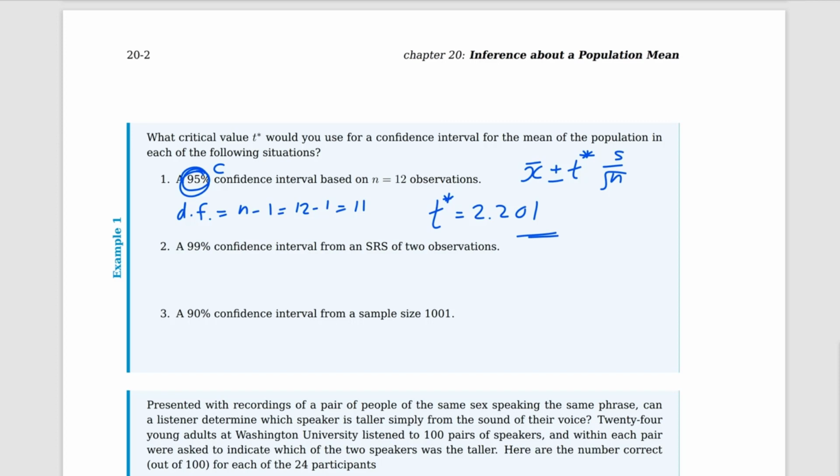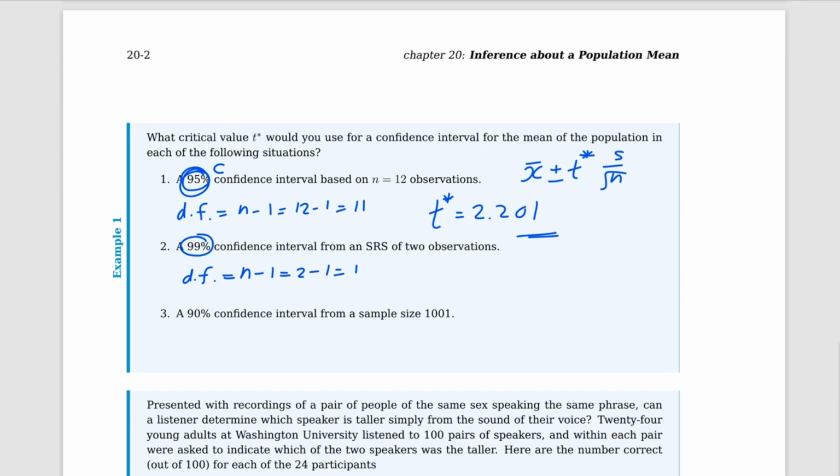So next one, a 99% confidence interval from a simple random sample of 2 observations. Again we need the degrees of freedom. It is n minus 1, 2 minus 1, which is 1.